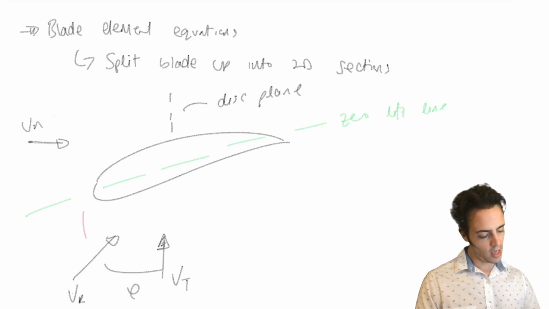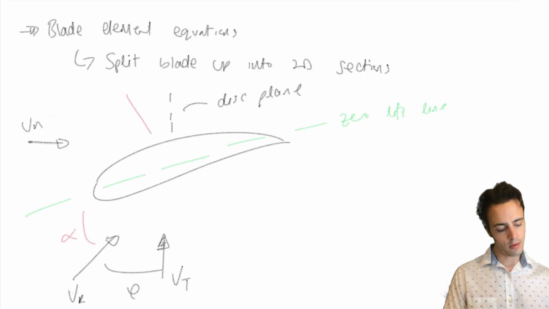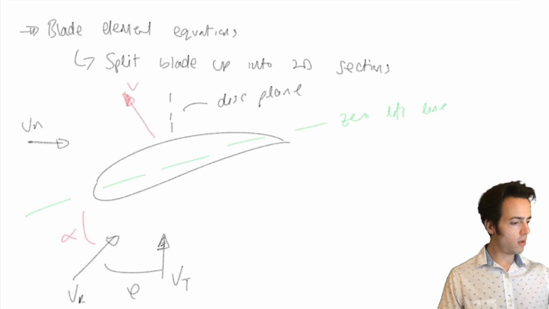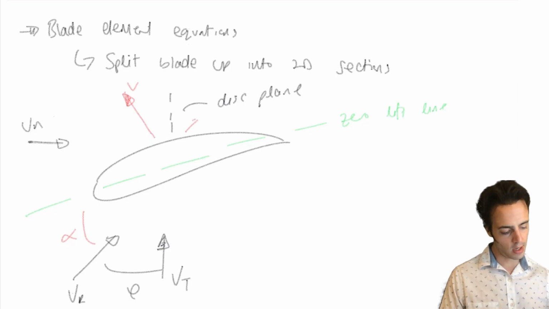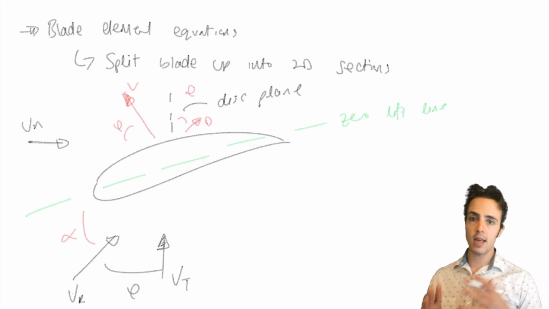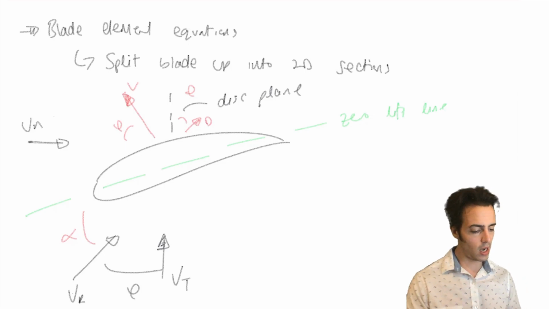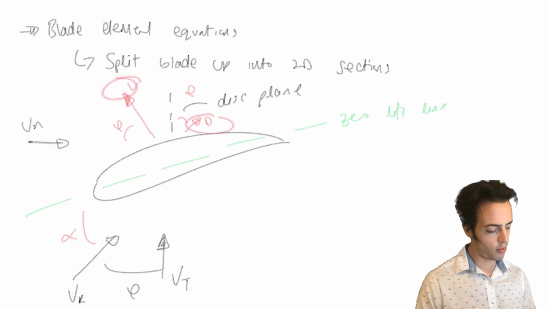So we've then got this angle of attack alpha, and we know from two-dimensional aerodynamics that we're going to have some sort of lift, and we're going to have a drag as well. We know all of these angles in here, so we can determine ultimately the whole propeller performance as long as we can work out what this lift and what this drag are.